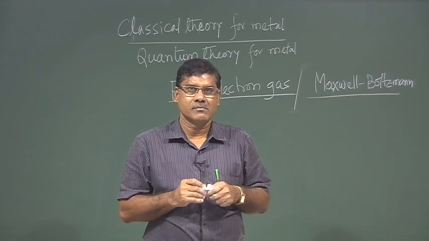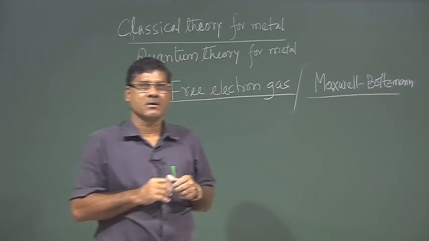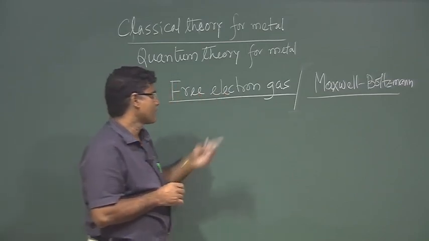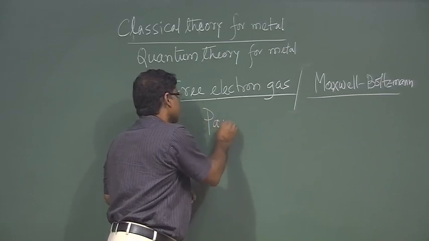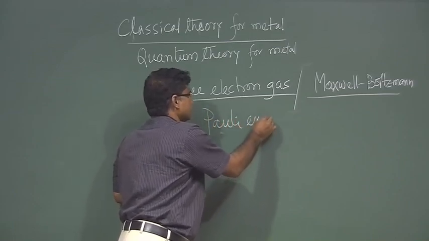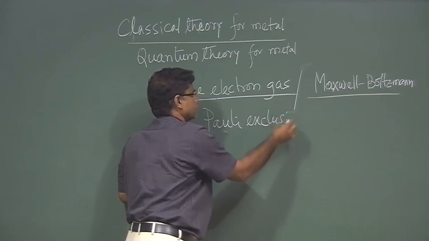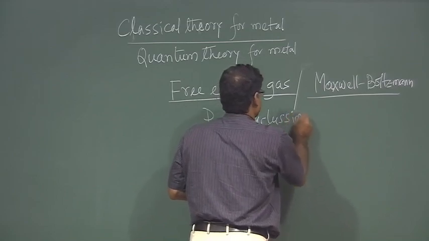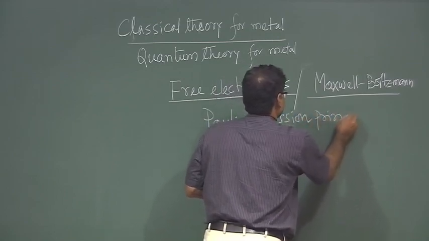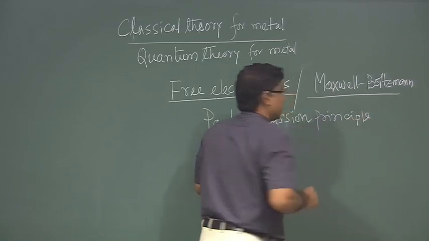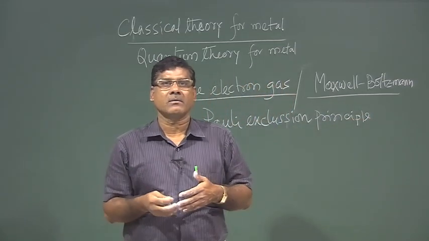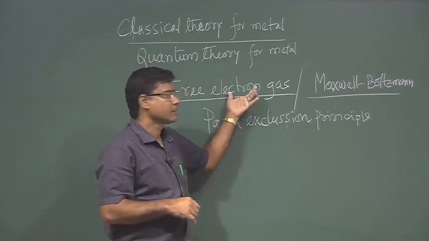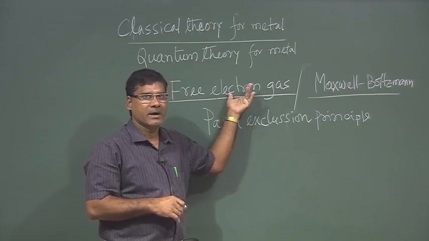So, that was the problem, because it is not allowed for electrons. Electrons follow the Pauli exclusion principle. Pauli exclusion principle will not allow all electrons to go to one energy level, right, to have the one energy.